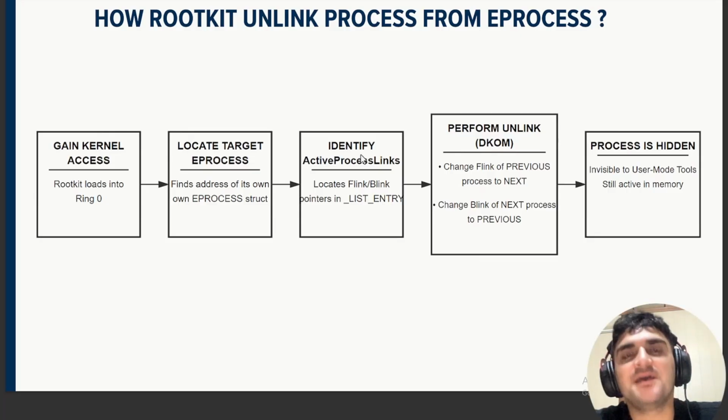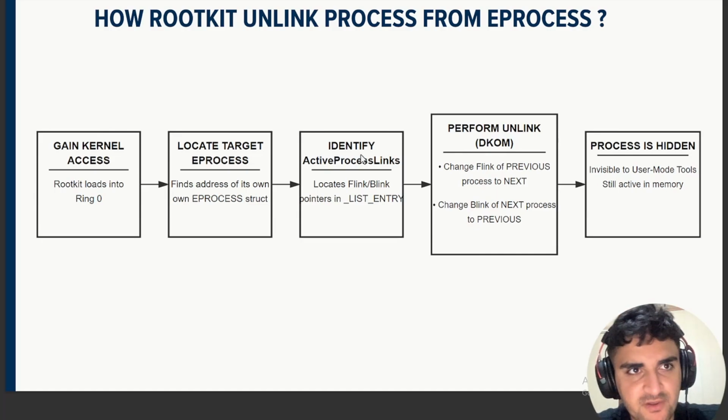Normally you can look at any process on your operating system, but for a rootkit it's not possible. You cannot use Task Manager, Process Hacker, Process Explorer, Process Monitor, and so on, because the process is actually hidden.